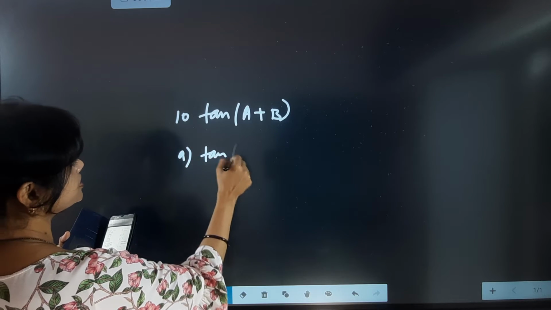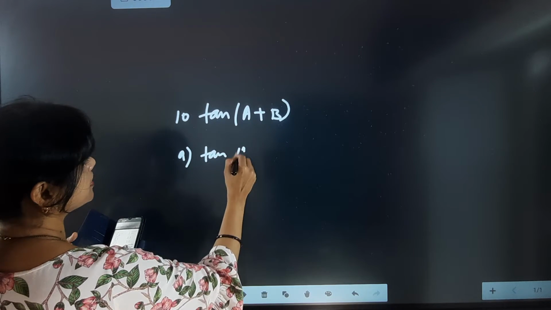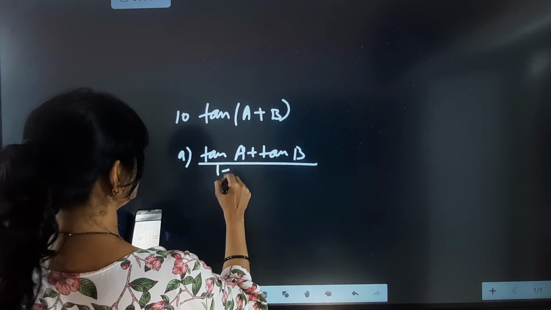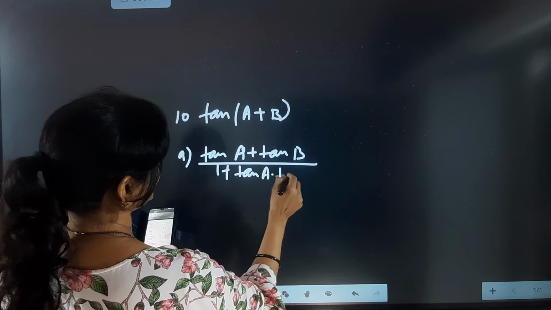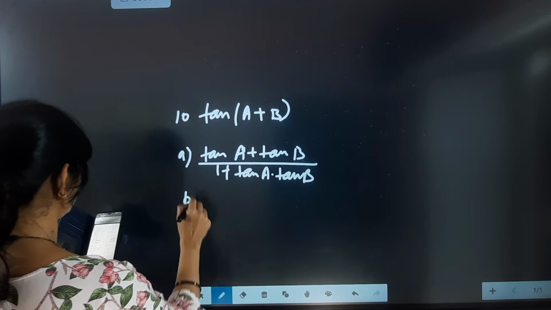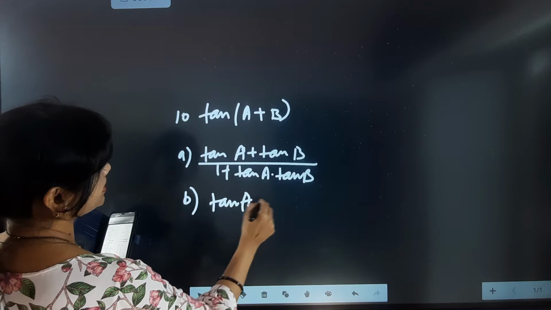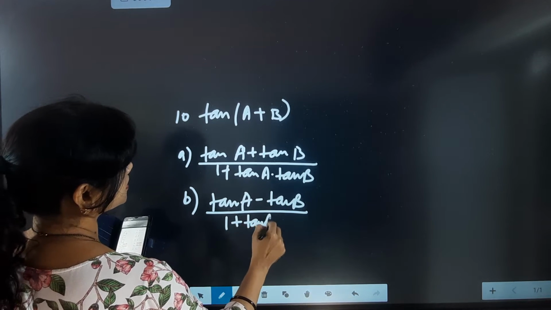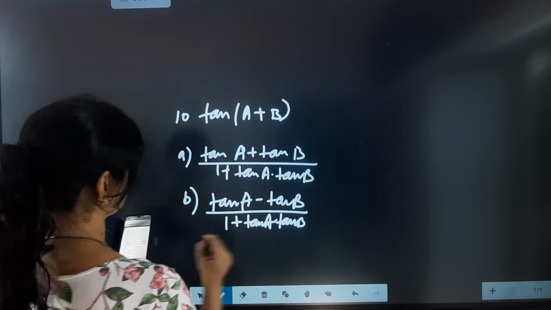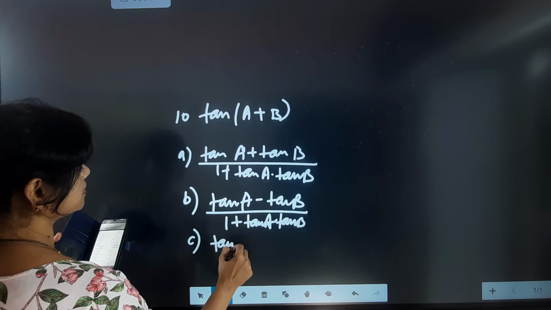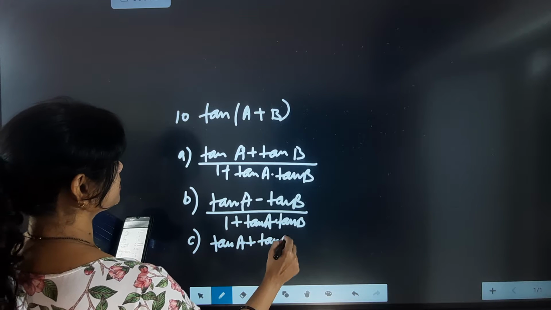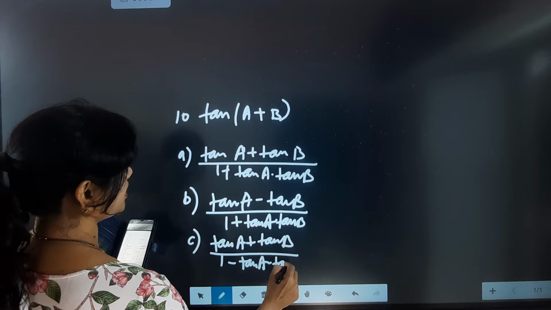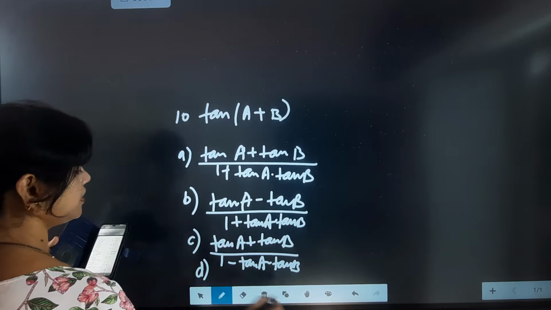So here options they have given: tan A plus tan B by 1 plus tan A into tan B. Second option tan A minus tan B by 1 plus tan A into tan B. Third option tan A plus tan B by 1 minus tan A into tan B. D.